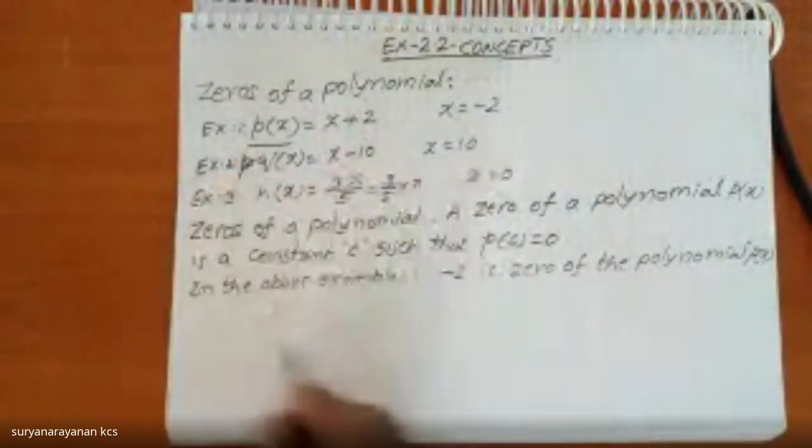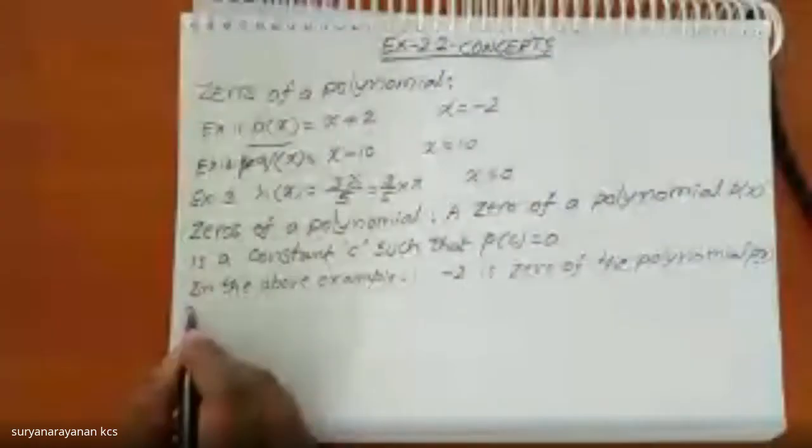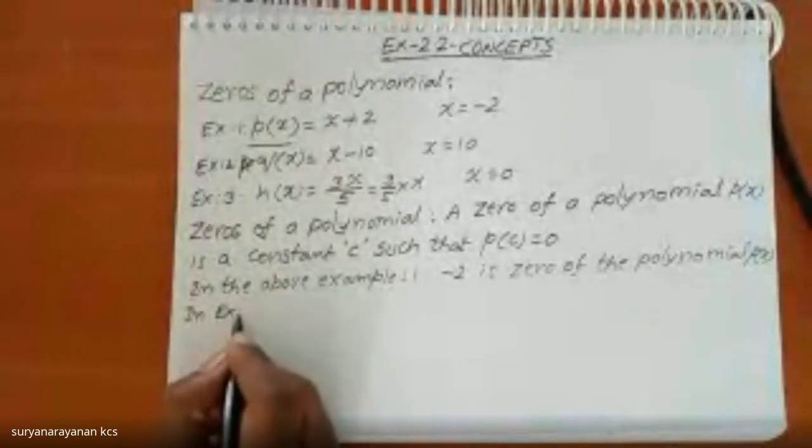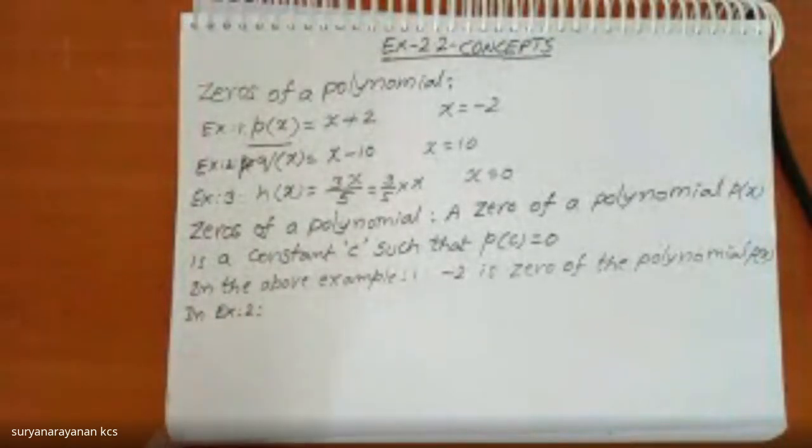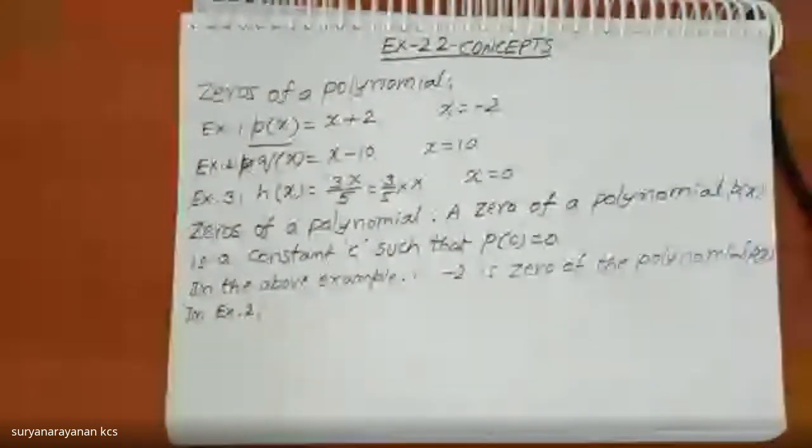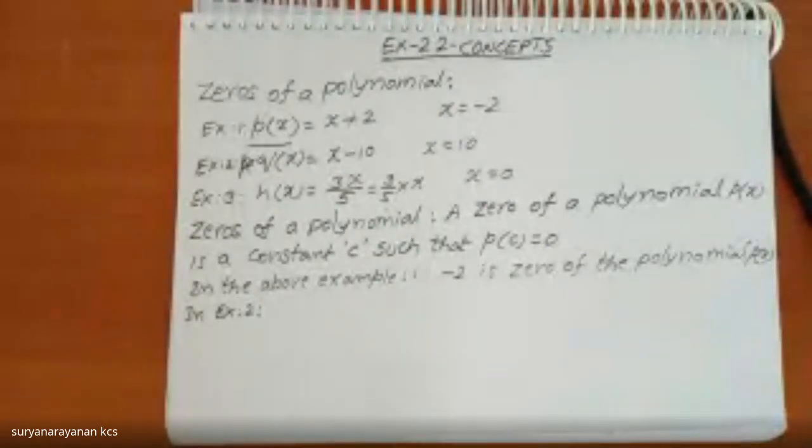Similarly, in example 2, what is the 0 of the polynomial in example 2? Tell me. Yes, 10 is the 0 of the polynomial.